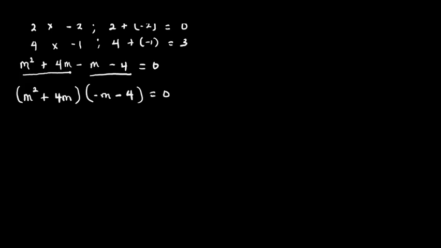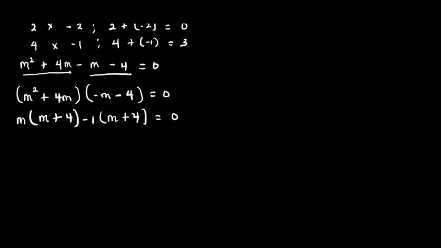So what is common here? m is common, so I bring m out. When you divide by m what is in the bracket, you have m plus 4. Minus is common here, and I put minus here. Minus 1 times m plus 4 equals 0.